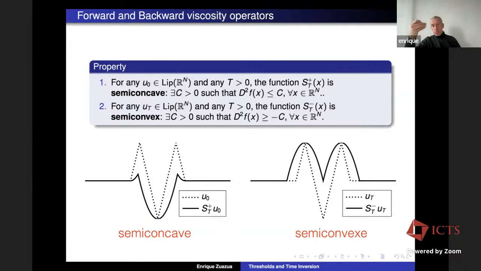Now, when you solve the backward viscosity solution, you get the reflected shape on the top. I mean, of course, it's not a pure reflection. This is what the backward Hamilton-Jacobi equation does out of the initial datum, which is the same, this M or W shape, right? And again, in this case, you see the reverse. The semi-concavity now becomes semi-convexity. It means that the upper bound on uxx now becomes a lower bound on uxx.